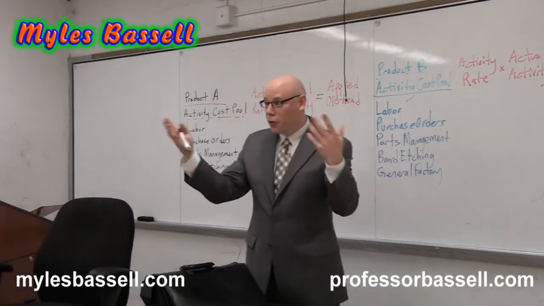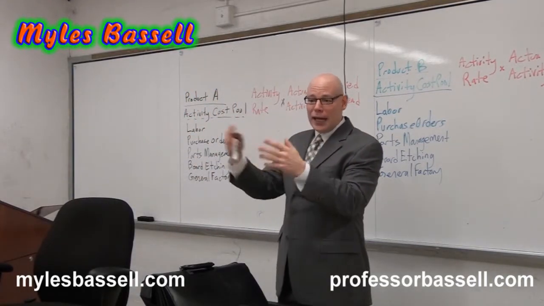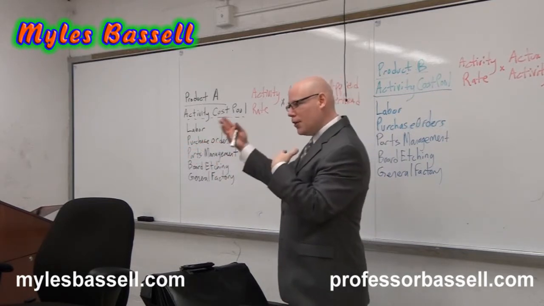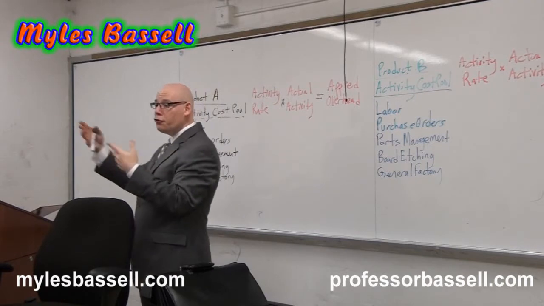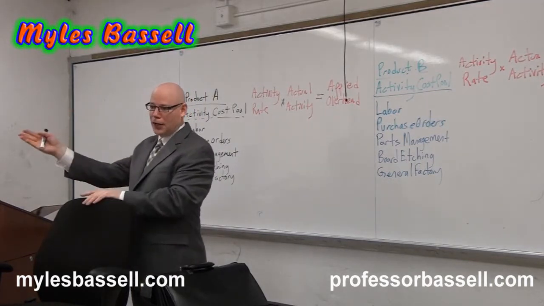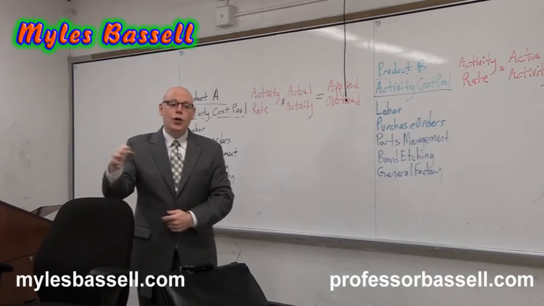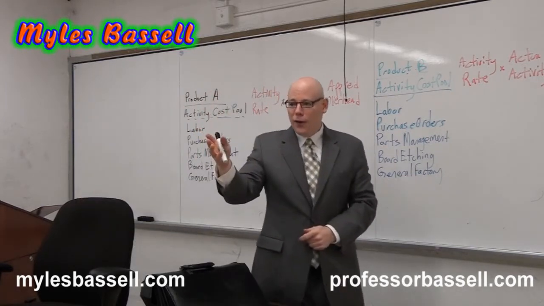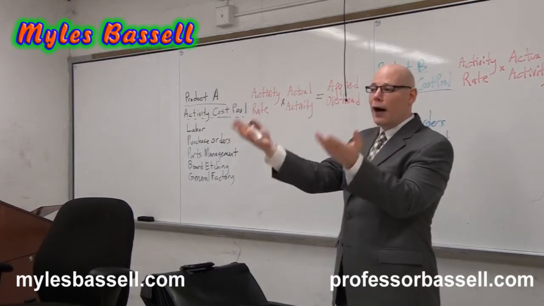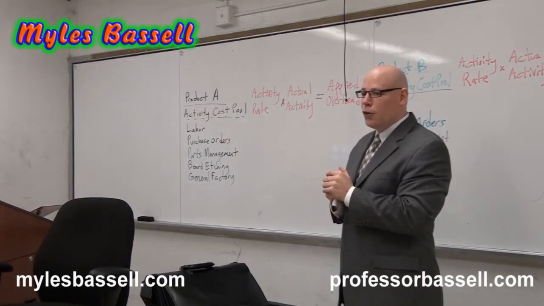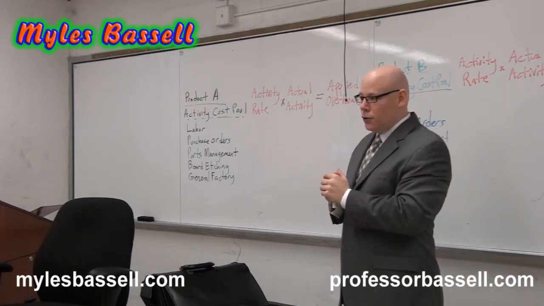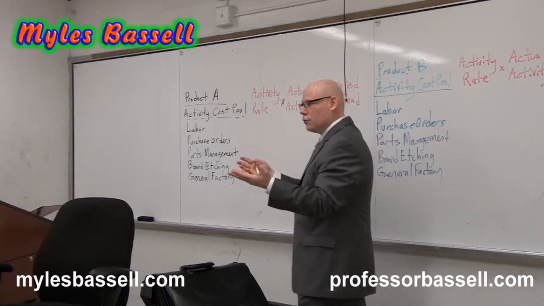Well, we said certainly it's a method of accounting that's been used for a long time, but activity-based costing, we believe, is an improvement over those methods of applying manufacturing overhead. Why? Because those methods of allocating manufacturing overhead are based on volume. So it focuses on the number of direct labor hours or the number of machine hours.